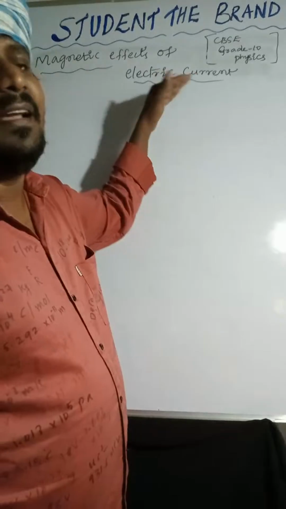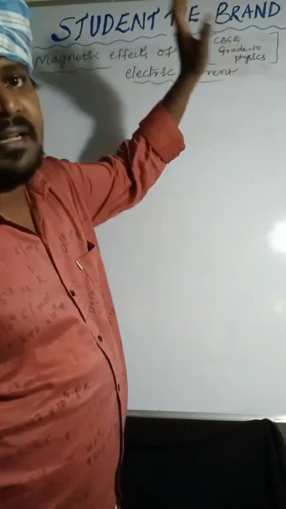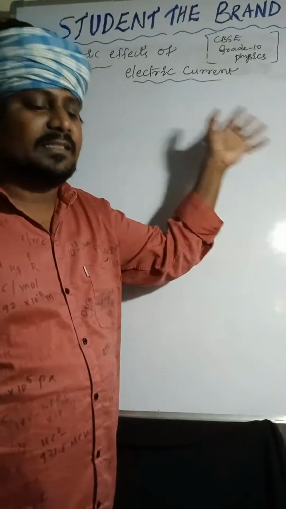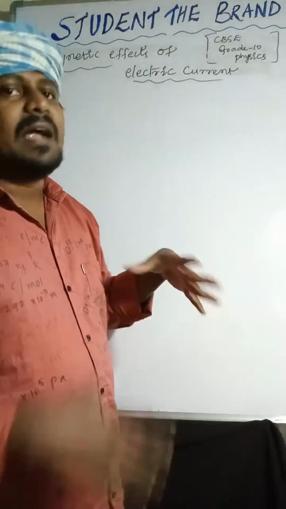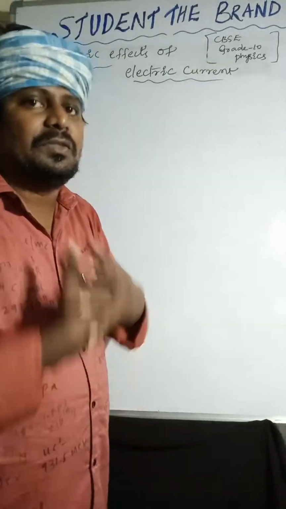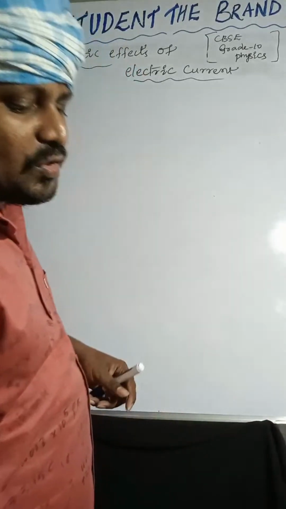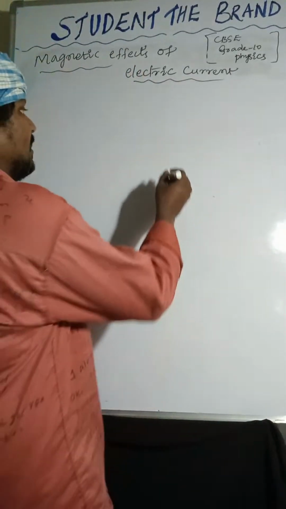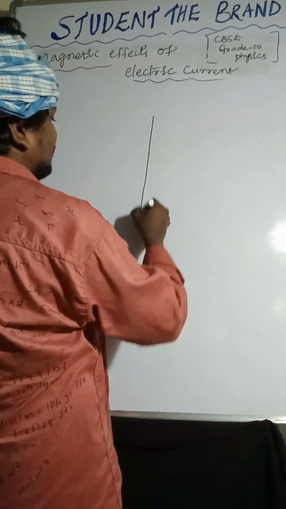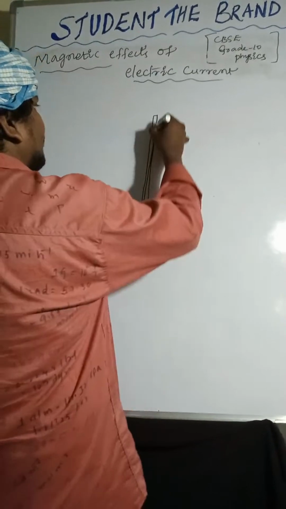The main heading of the chapter is magnetic effects of electric current. By passing electricity through a conductor, the conductor produces a magnetic field. So I'm taking a straight, thick conductor like this.